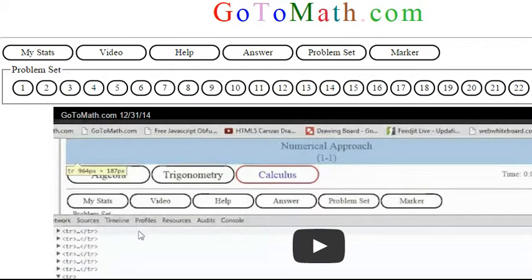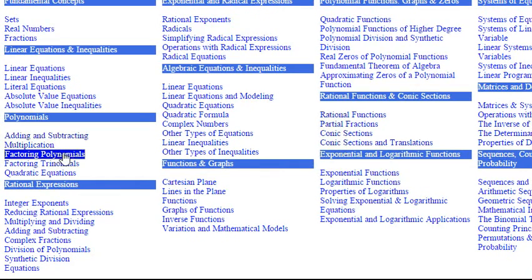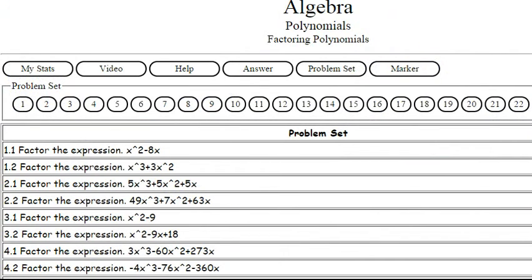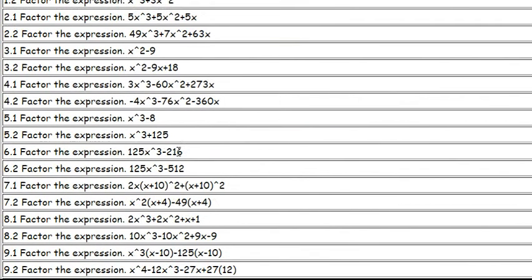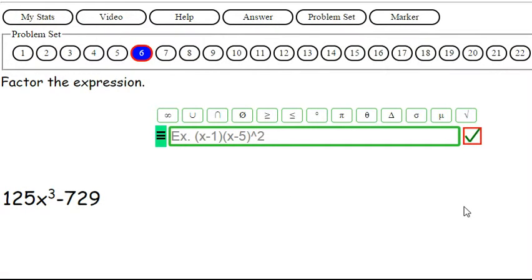Alright, we're over here, go2math.com. Click on the algebra. Let's go down to factoring polynomials. And, alright, we're in 6.1 here.